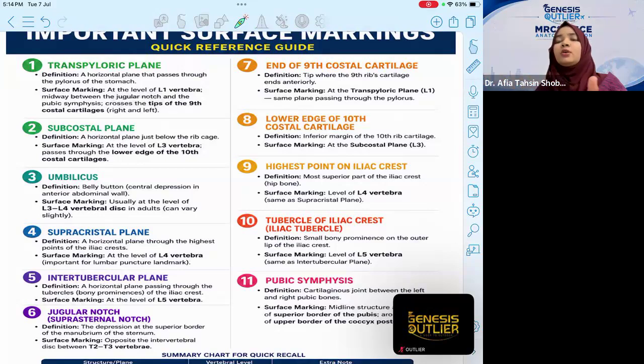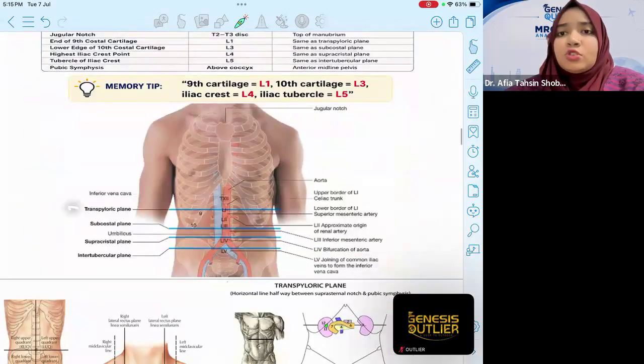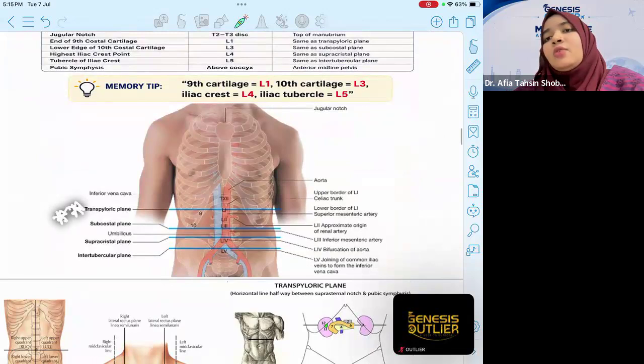So you have to find out the jugular notch and the pubic symphysis, draw a line and find the midpoint of this line, and through this midpoint the transpyloric plane will pass, and it crosses the tips of the 9th costal cartilage, right to left. Okay, this is most important for exam, and the vertebral level is L1.